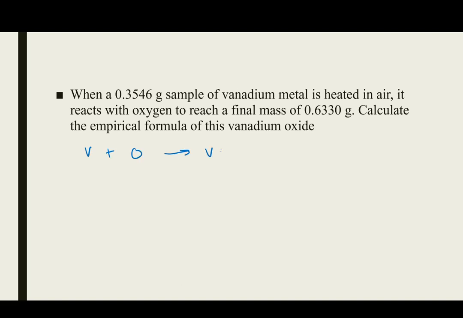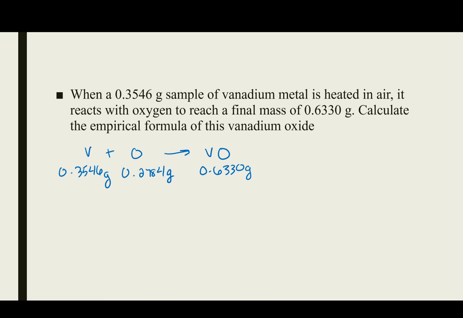It's forming some vanadium oxide, and the actual formulas don't really matter because I just need to know amounts. So 0.3546 grams of vanadium, and then at the end, my total is 0.6330 grams of my compound. So we subtract those to get 0.2784 grams of oxygen that reacted.